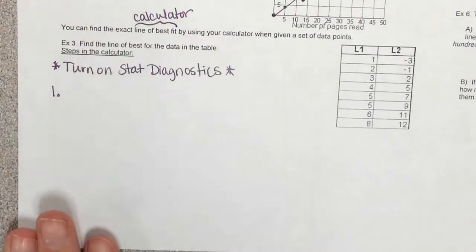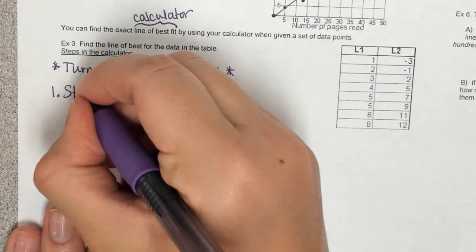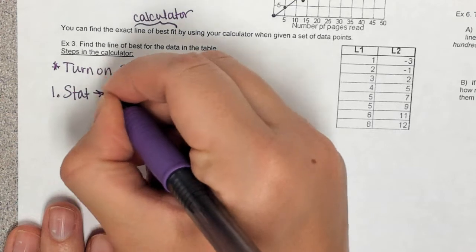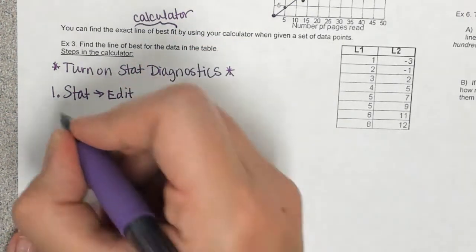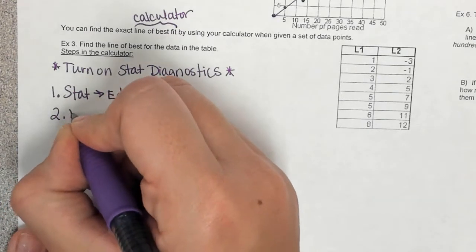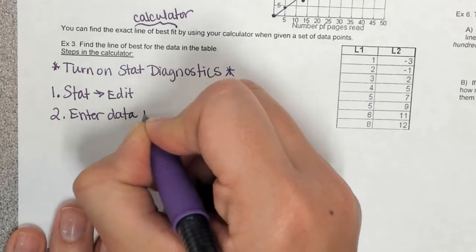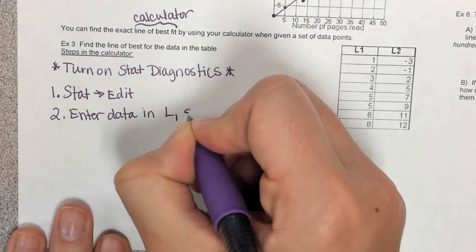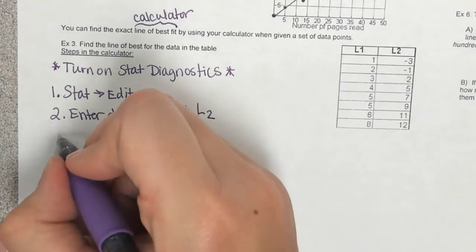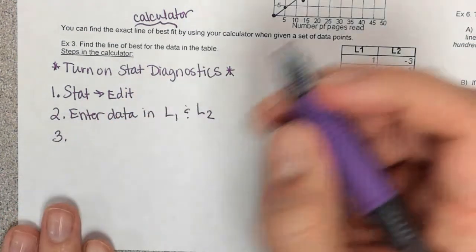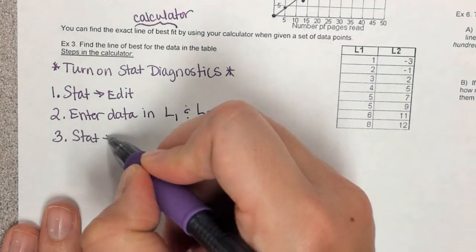And then step 1 to finding the line of best fit is we are going to hit stat edit. Step 2, we're going to enter our data in L1 and L2. Step 3, we're going to go to stat calc.